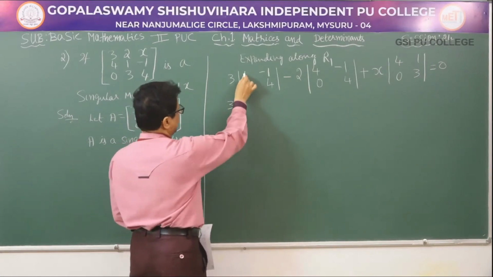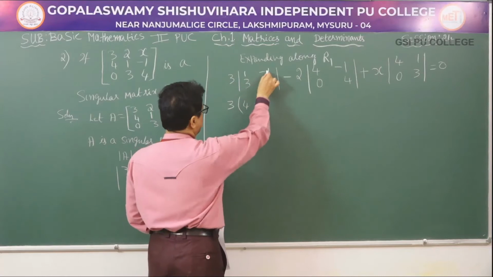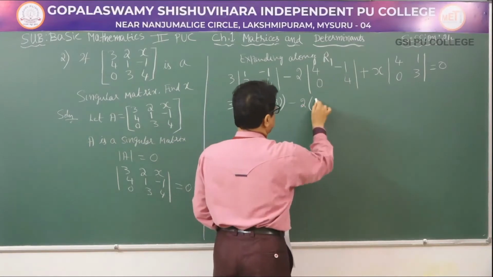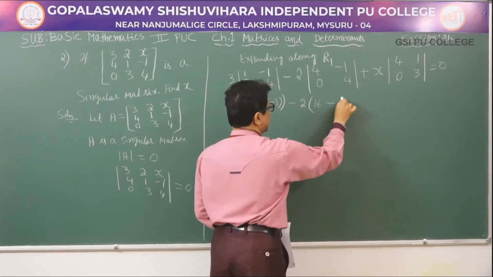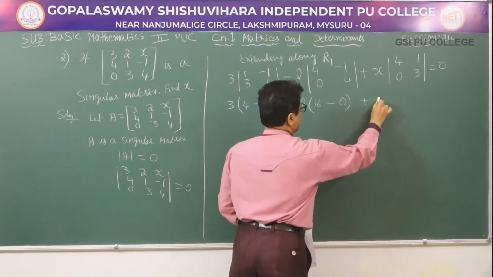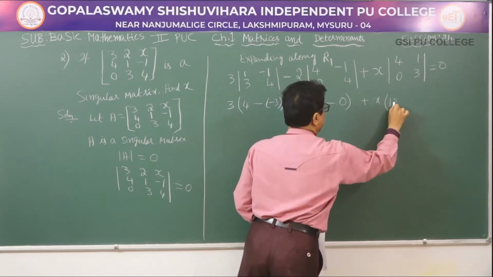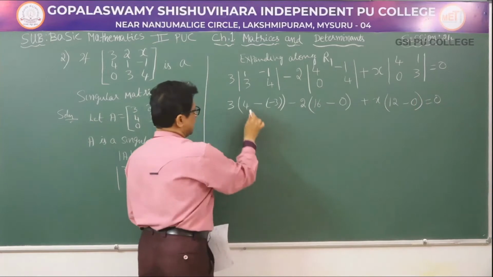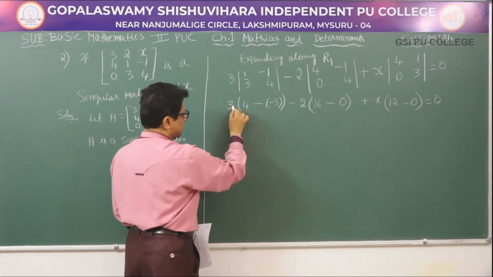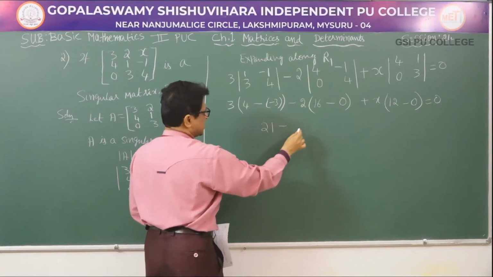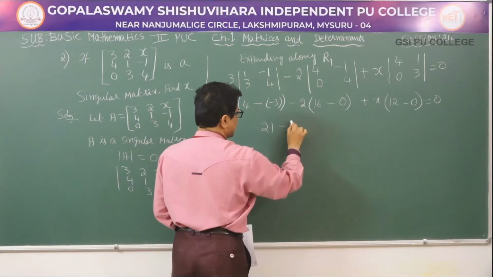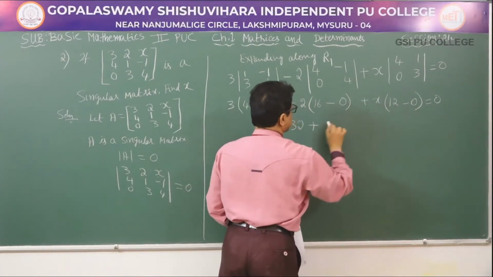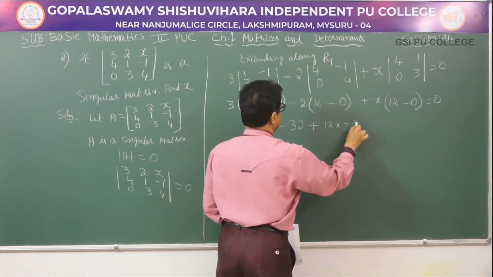3 into 1 into 4, 4 minus 3 into minus 1, minus 2 into 4 4s are 16 minus 0 into minus 1, 0, plus x into 4 3s are 12 minus 0 into 1, 0, that will be equal to 0. So, minus into minus plus, 4 plus 3, 7. 7 3s are 21, minus 16 minus 0 is 16. 16 2s are 32, plus 12 minus 0 is 12. 12 into x is 12x, is equal to 0.